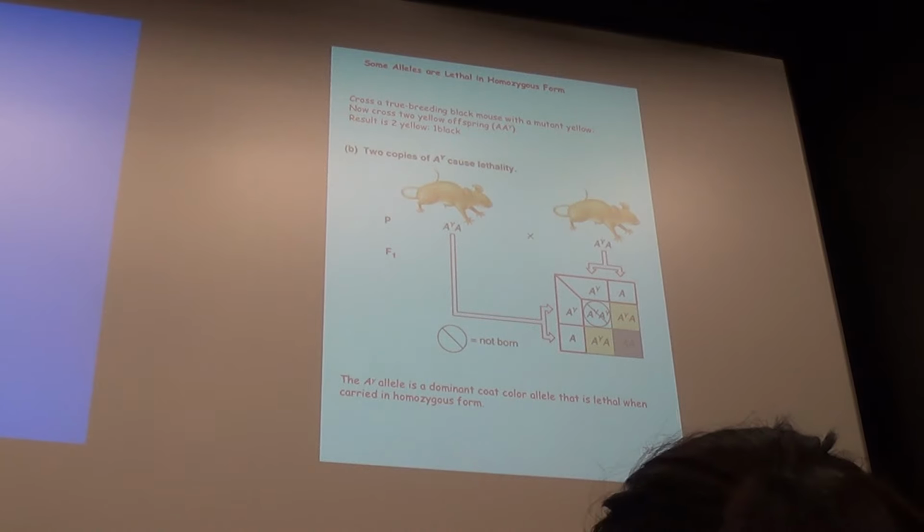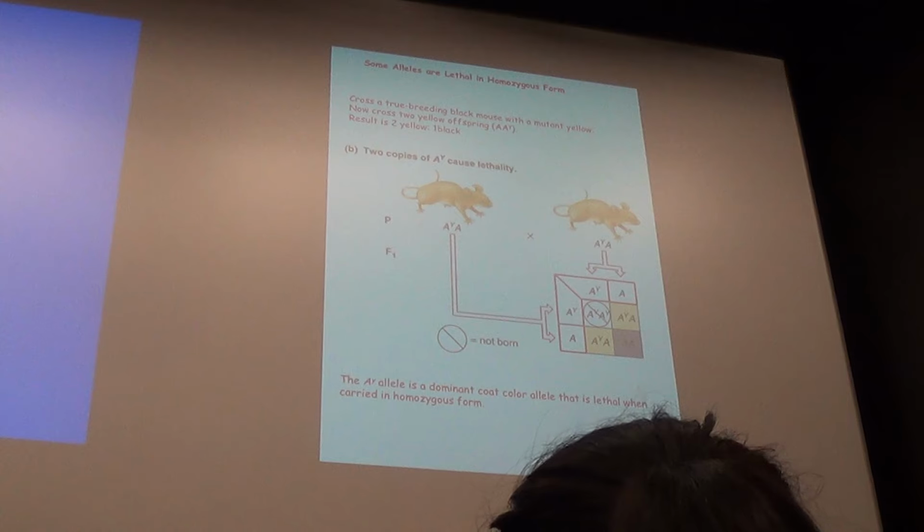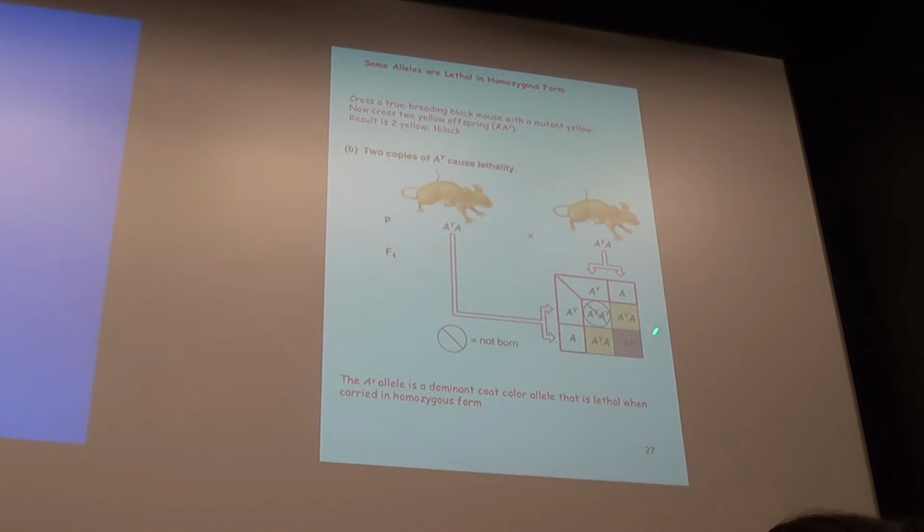So the same thing happens with this. So the ratio is a 2:1 ratio of live mice. This class is not formed, and so you don't see it. Now, if you were to go into the mother and look at the little pups that were not born or that were aborted prematurely, you would find that those pups would be this genotype.